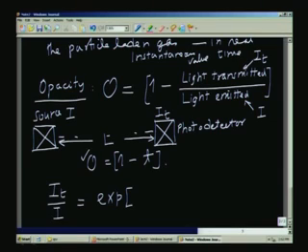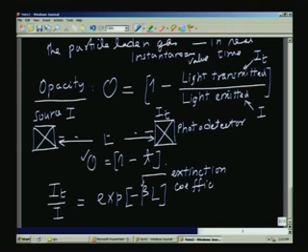Because of the absorption and scattering, the intensity will be reduced, and this ratio is given by the exponential of minus beta times L, where beta we call the extinction coefficient. We have already come across this law, which we call Beer's law.